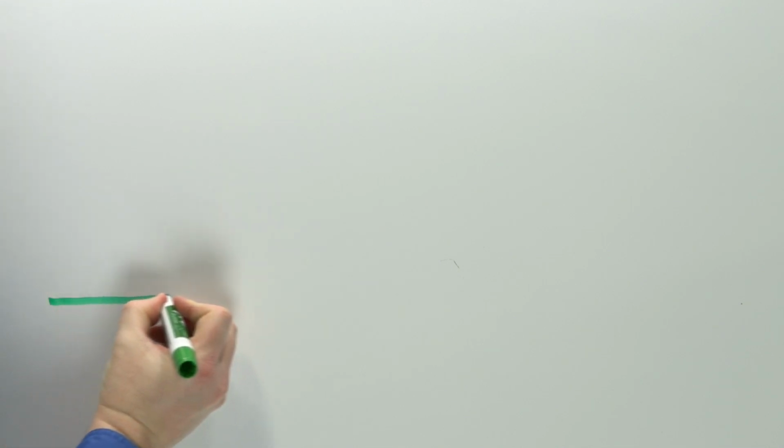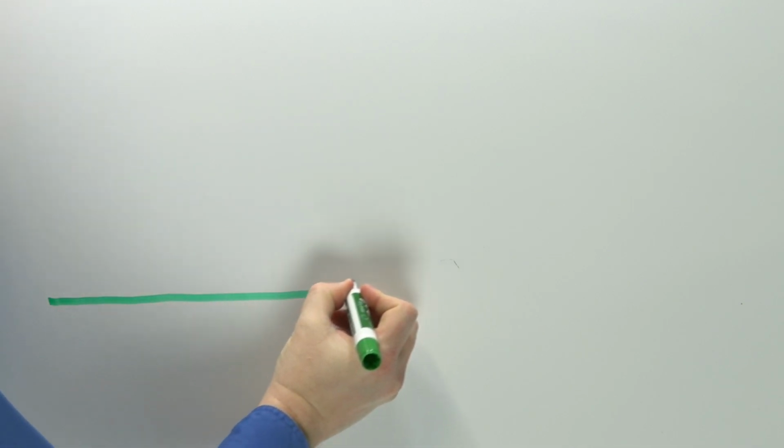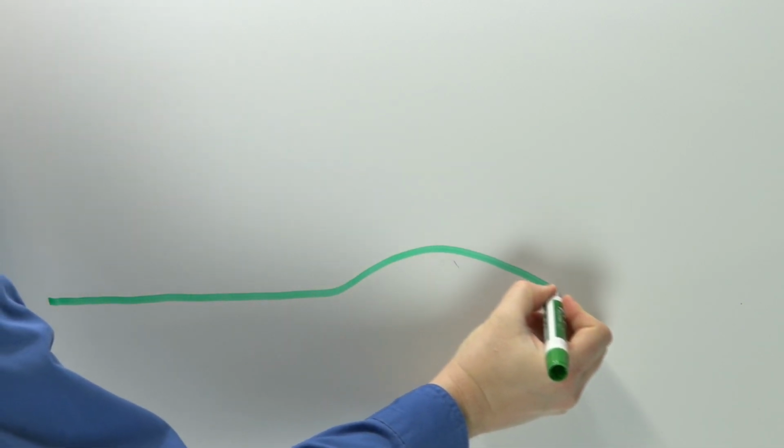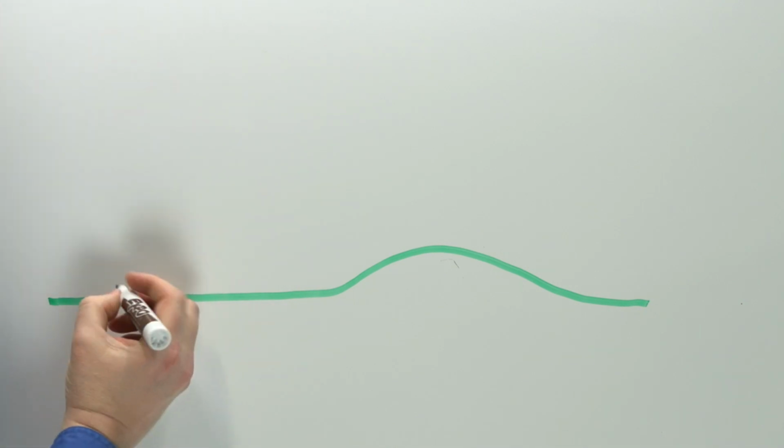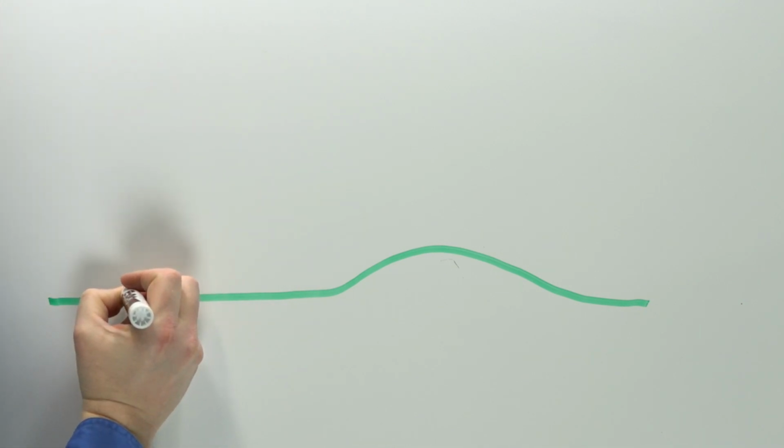Okay, so let's start out with our baseline. And our baseline, of course, is going to be the ground. Now, I'm going to put in some terrain here, a single lonely hill. As we know, we can operate our UAVs within 400 feet of the ground.